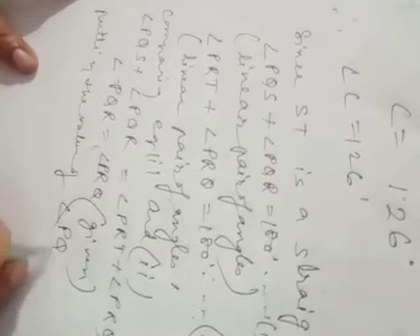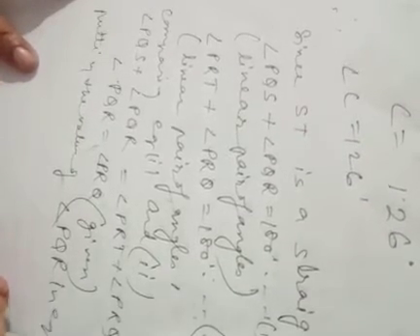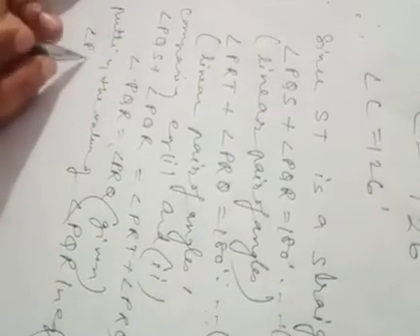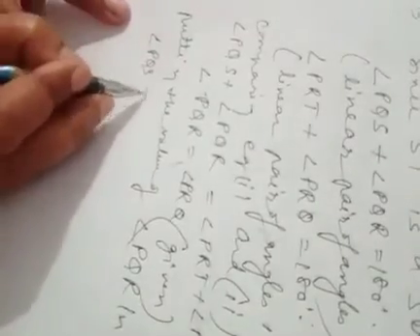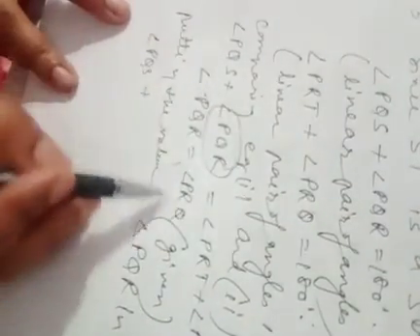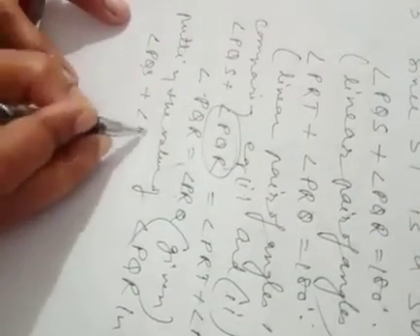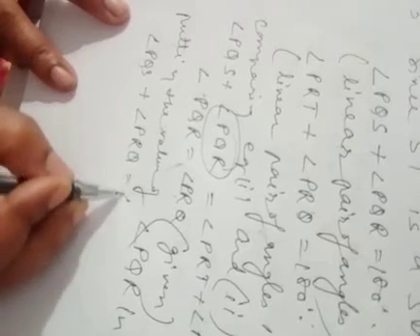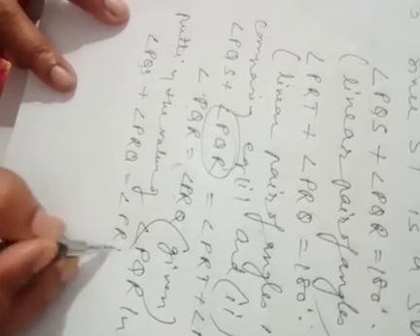So write this. Now putting the value of angle PQR in equation number 3, we get angle PQS plus, now replace angle PQR by angle PRQ, we get angle PRT plus angle PRQ.